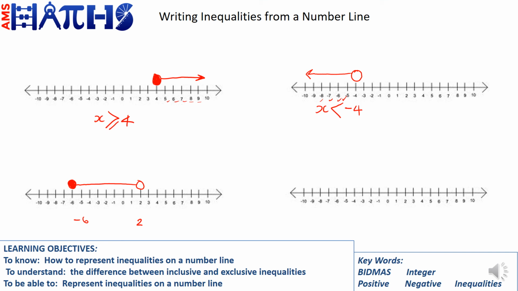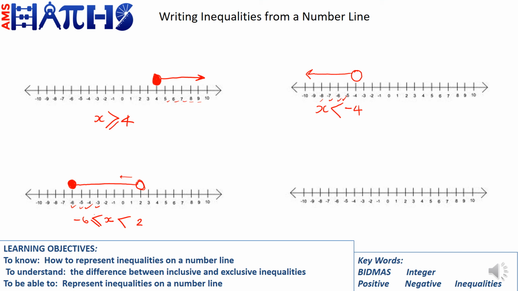So from minus 6 we're going bigger than minus 6. So it means that x is bigger than or equal to minus 6 as the ring is shaded. But then on this side here we have a ring at 2, and the values from 2 are going in the direction less than 2, so x is less than 2.